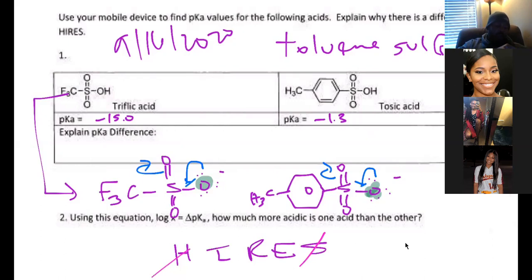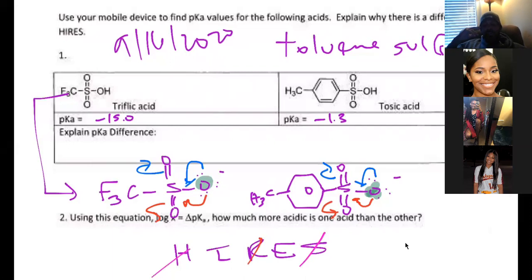And then we can also do another resonance form where we go here and here, right? They're not happening at the same time, so don't trip out about that. It's just the fact that you can do it more than once.